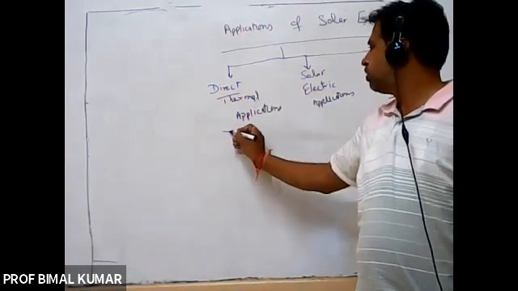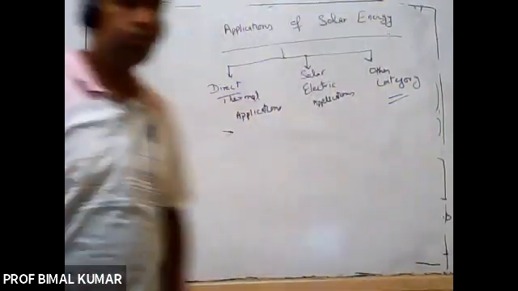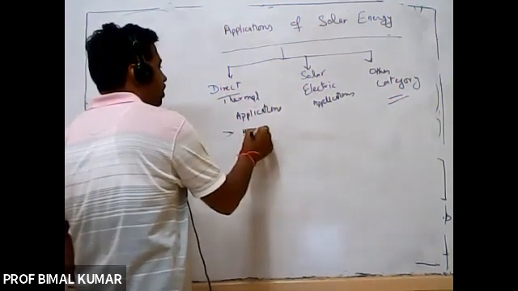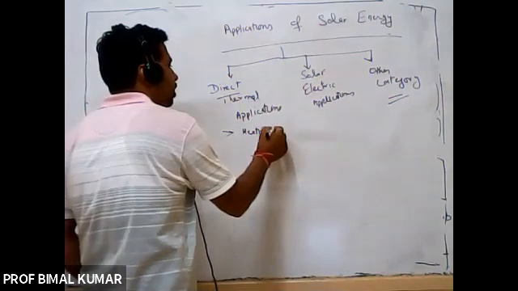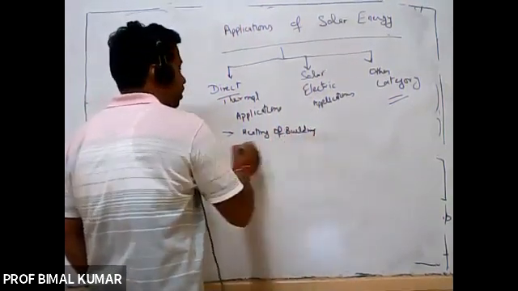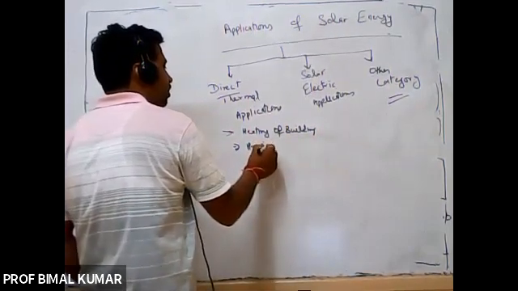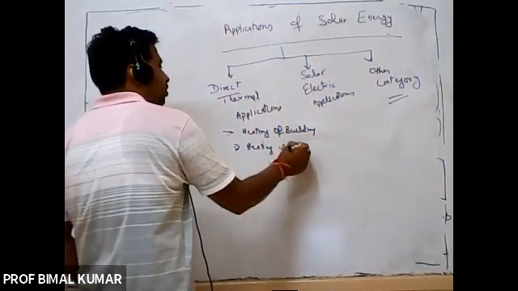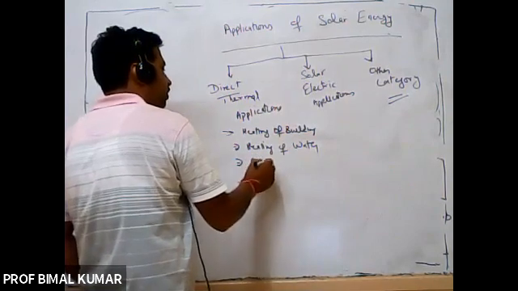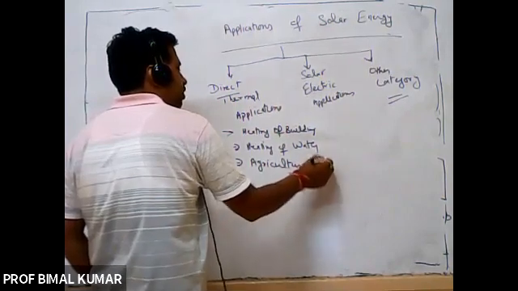So in this case, we are taking the examples of direct heating of buildings, direct heating of water, and agriculture purposes.